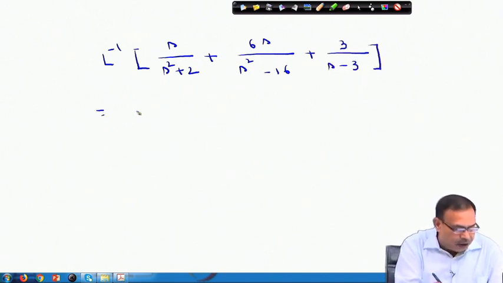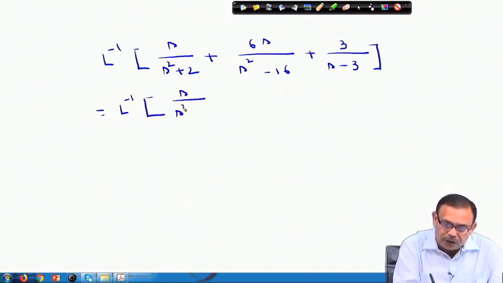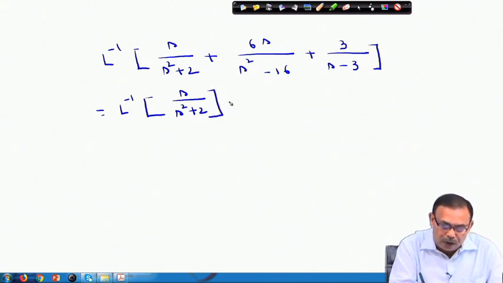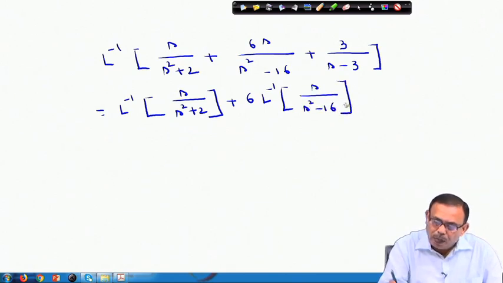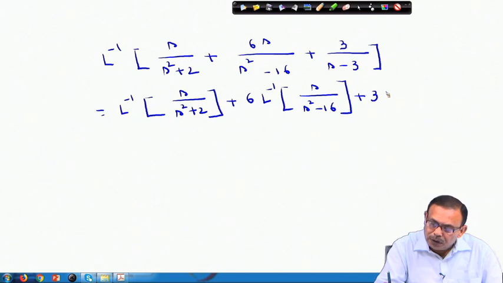So, using the linearity property, I can write down Laplace inverse of s by s square plus 2, plus 6 into Laplace inverse of s by s square minus 16, plus 3 into Laplace inverse of 1 by s minus 3.